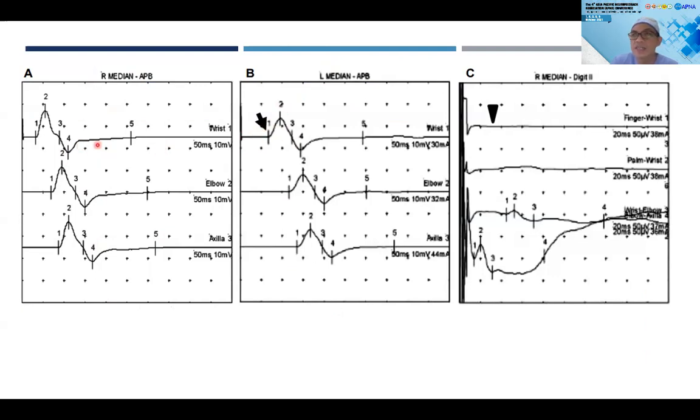So in this case, it is carpal tunnel syndrome. And because the sensory median nerve response is diminished, the severity, I think, is moderate to severe in this case. So based on the electroneuromyography, we can know the pathology, the diagnosis, and also predict the prognosis of our patients.